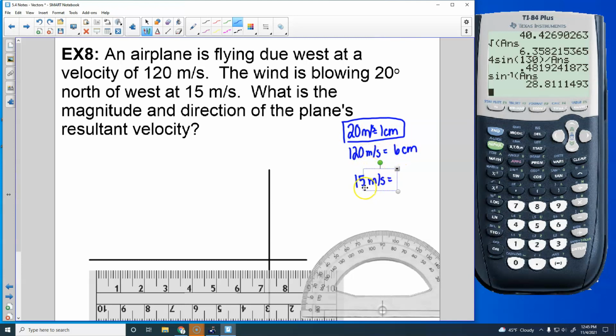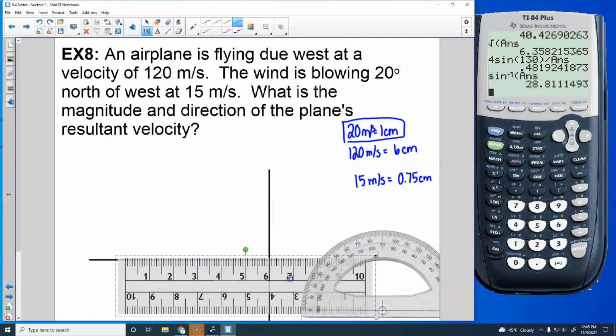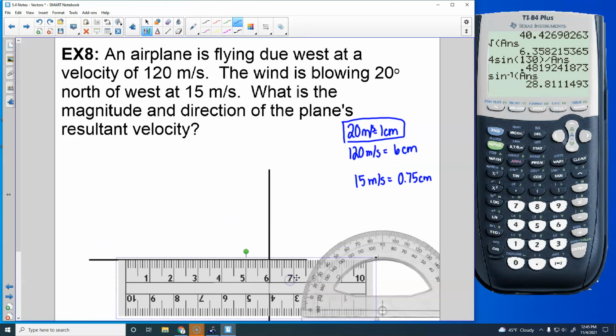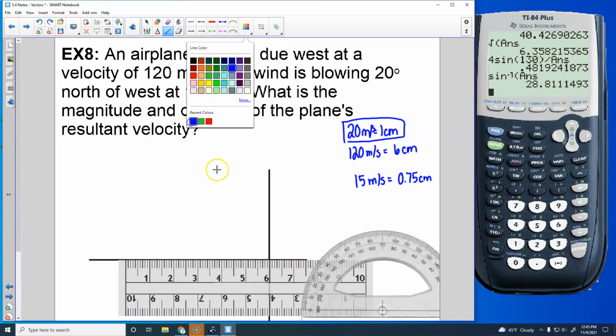Here I could divide by 20 and I'll get 0.75 centimeters. So when I draw it, that way it'll still be to scale, because sometimes these don't fit. And so for 6 centimeters west, our vector will look like this. We'll use blue.